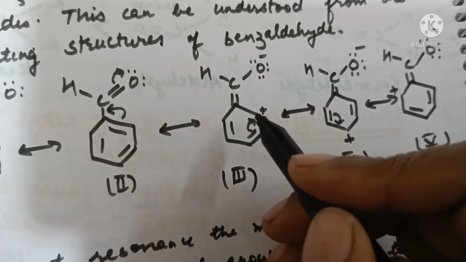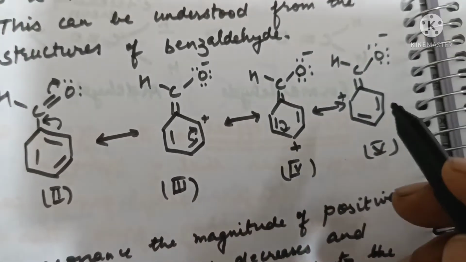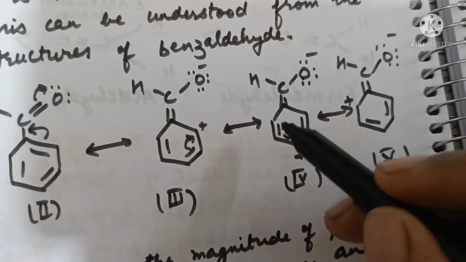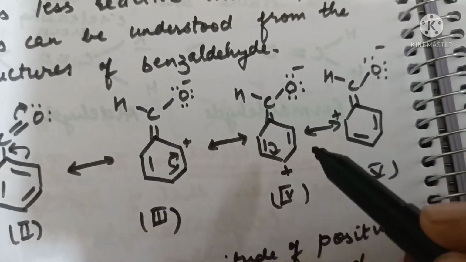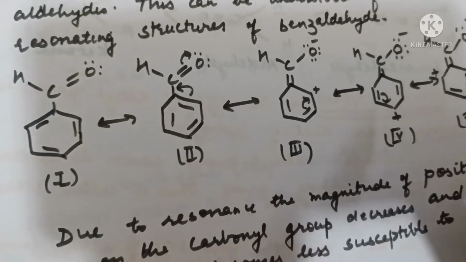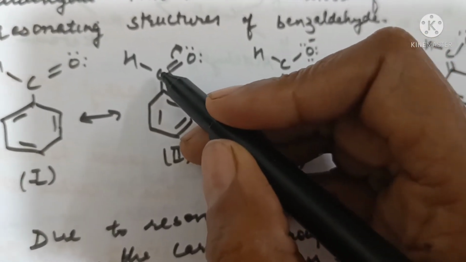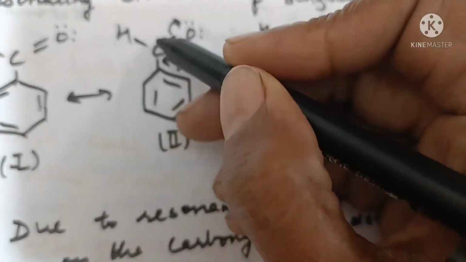So electrons will move to this end and a positive charge will come over here. In the next structure, these double bond electrons move here and a positive charge will come here. The rest of the structure remains the same. So these are the 5 resonating structures, and due to resonance we see that the positive charge on the carbon atom decreases because of the shift of electrons of the benzene ring towards it.